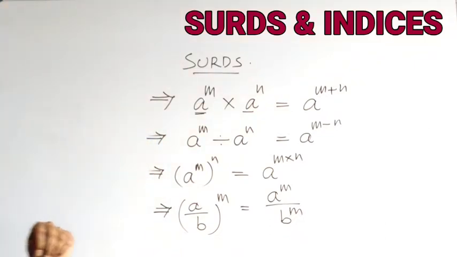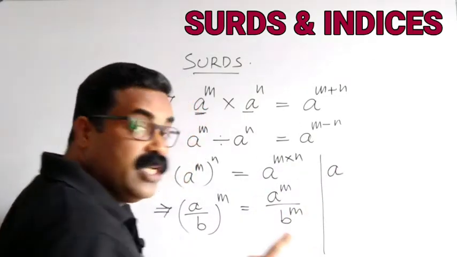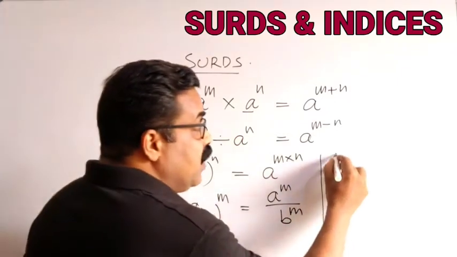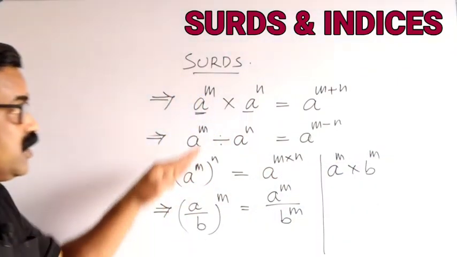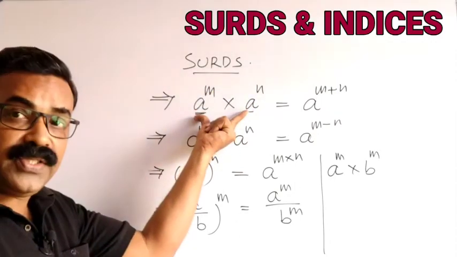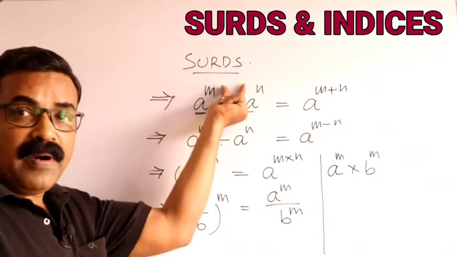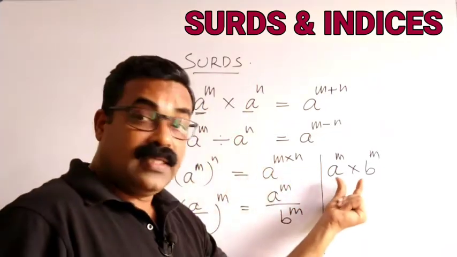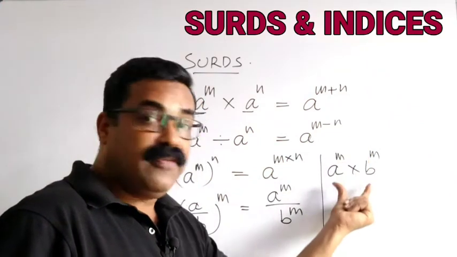And suppose you have different bases with the same power, a power m into b power m. The first one, a power m into a power n, has the same base and different powers, so we add the powers. But here you can see the same power and different bases.